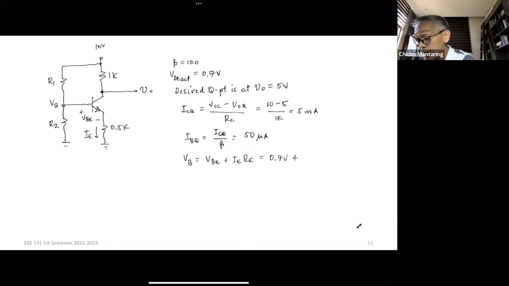So this is 1 plus 100. This is 1 plus beta, 1 plus 100 times IBQ. Well, let's just call it IB, the value of IB at the Q point, times 1 plus beta, IB times RE, times 0.5K.